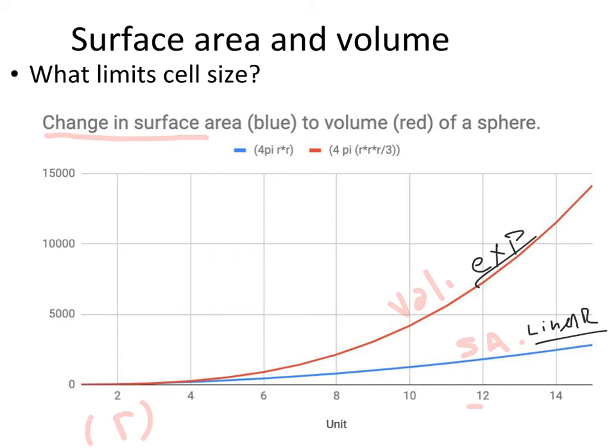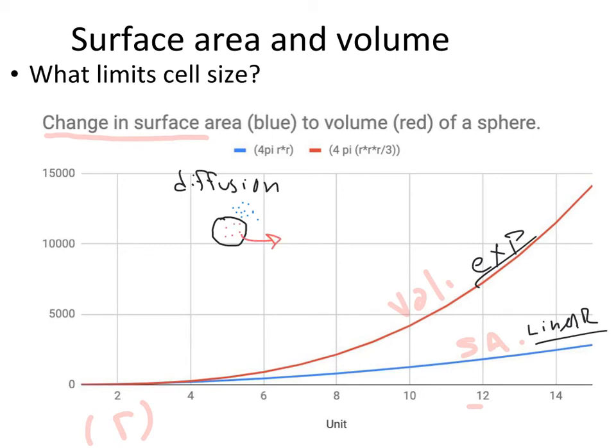Now, since a cell relies on diffusion primarily to move material in, let's just take the obvious example of oxygen in and carbon dioxide out, right?